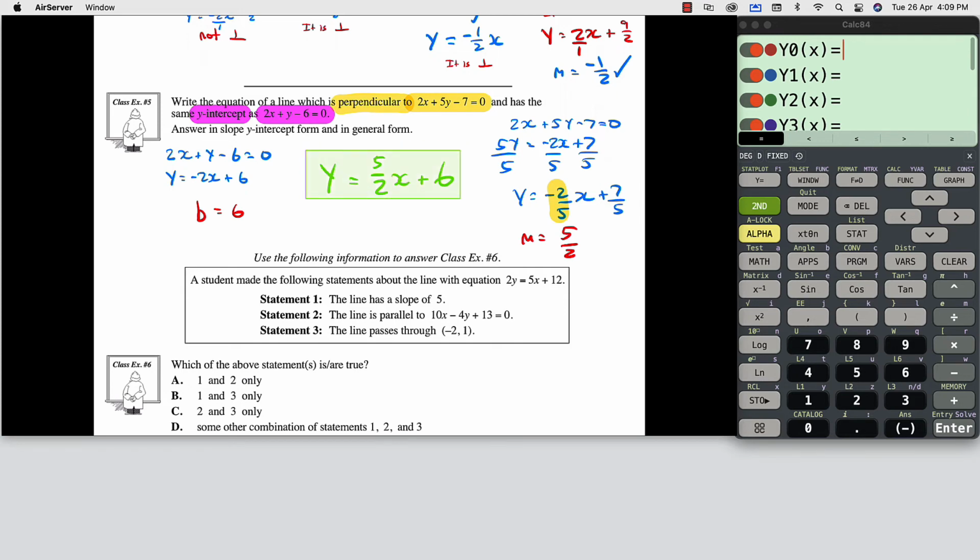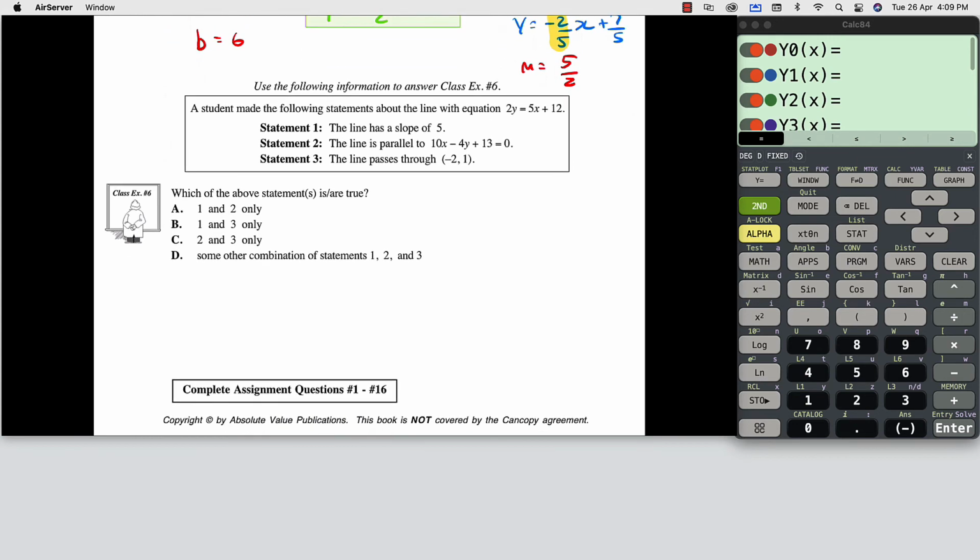Last class example, number 6. It says that we got a student that's analyzing a line right here, and they made 3 statements. So they said that this line has a slope of 5.